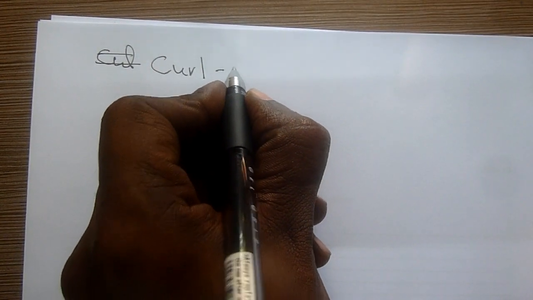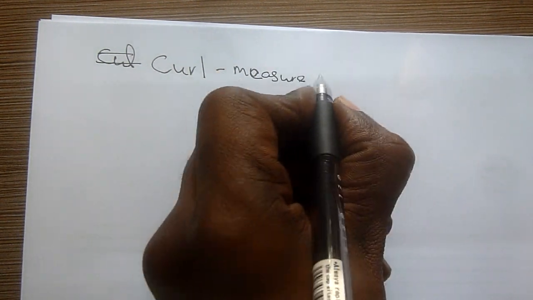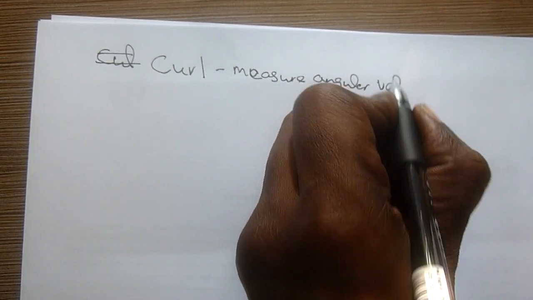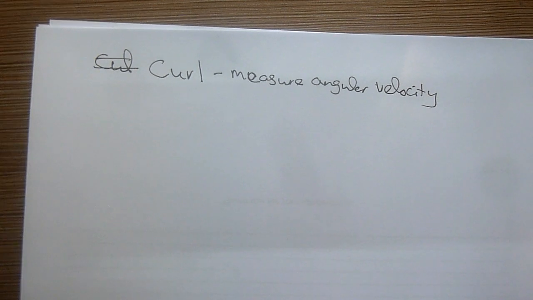What is this curl? The curl is a measure of angular velocity. When you say curl measures angular velocity, you may not understand what that means.